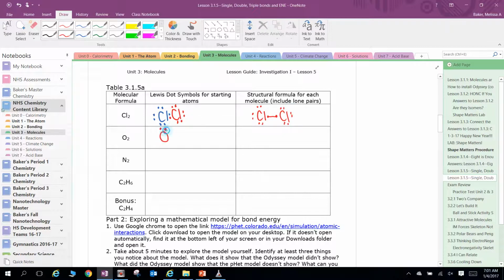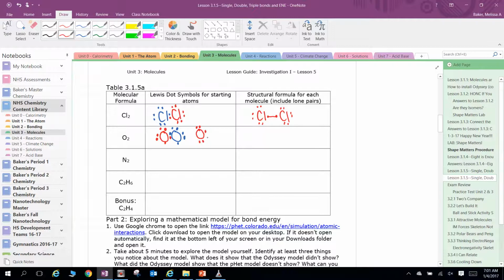Oxygen has 1, 2, 3, 4, 5, 6 dots. So I'm going to draw another oxygen, 1, 2, 3, 4, 5, 6. So a better way to draw this then would be to have both sets of the unpaired electrons facing each other.